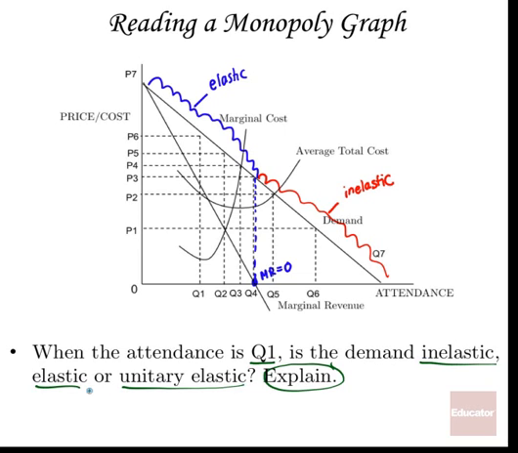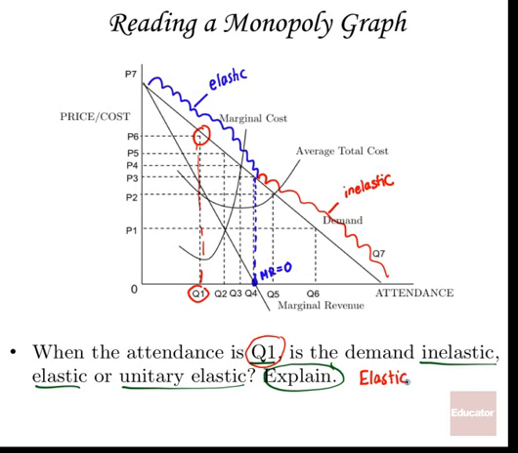So the question at hand is, when the attendance is Q1, is the demand inelastic, elastic, or unitary elastic? Explain. Now, the explanation is actually quite simple. This is Q1 here, and Q1 is on the elastic portion of the demand curve. So it is elastic.